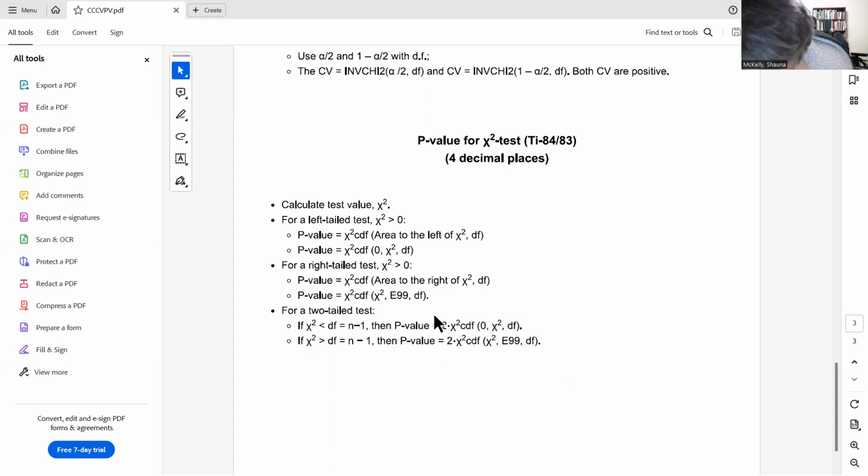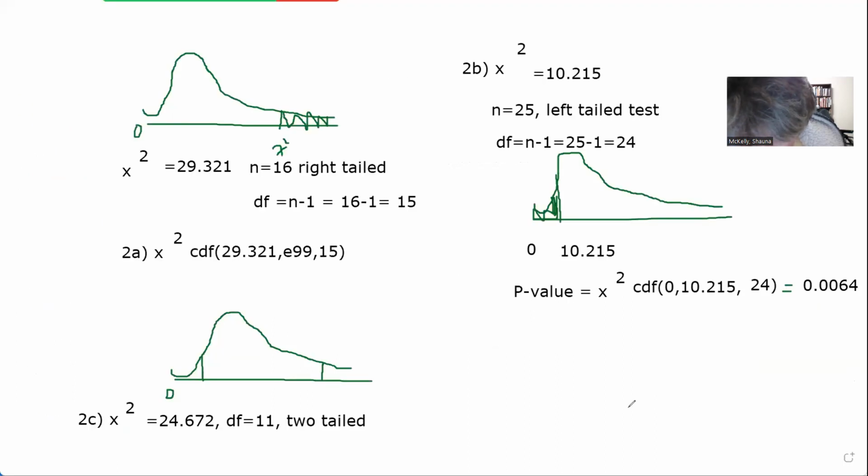the left side, essentially 0 to chi-squared. If your chi-squared value, remember they gave you that, is larger than your DF, then the p-value is 2 times the chi-square right, which is chi-squared to E99. So in this case, let me show you. Here are my numbers, right?